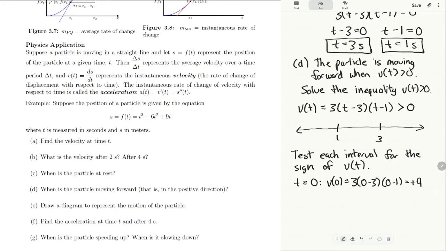Now the value of the velocity function we're not really concerned with. All that we care about is whether it's positive or negative. So the velocity is positive on this interval, which means the particle is moving forward within this interval.